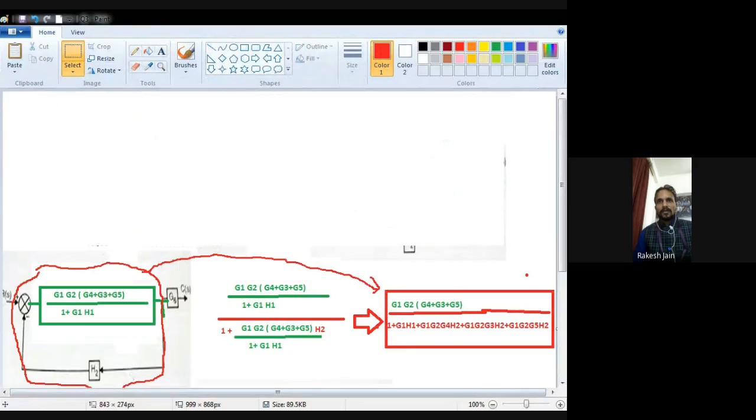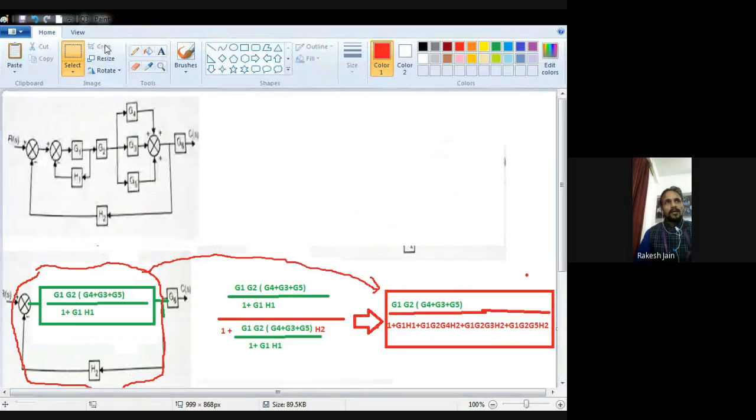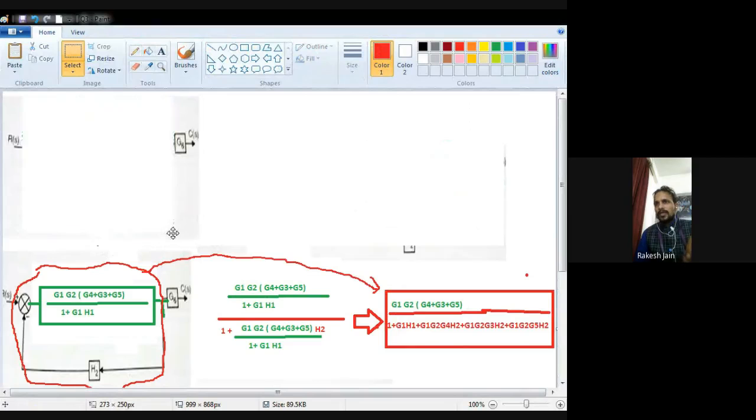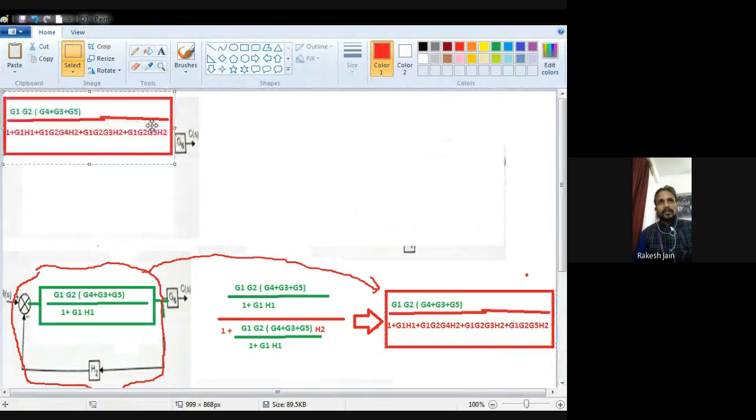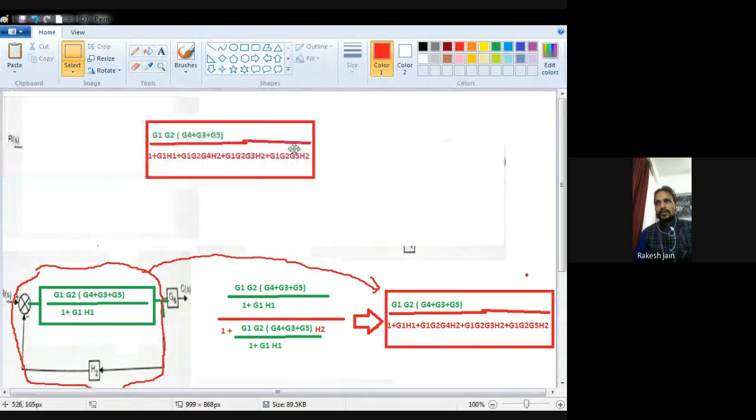I come to the question again and show you that these steps are completely removed, and only one short form of gain is coming in between them, and that is this.